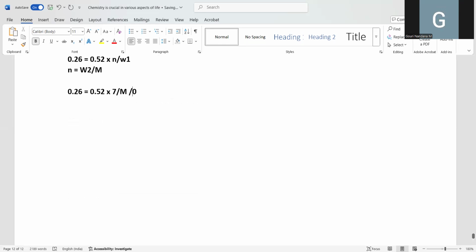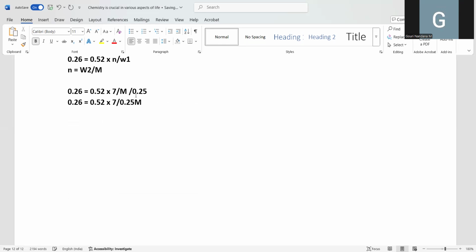So 0.26 is equal to 0.52 into 7 divided by 0.25 M.